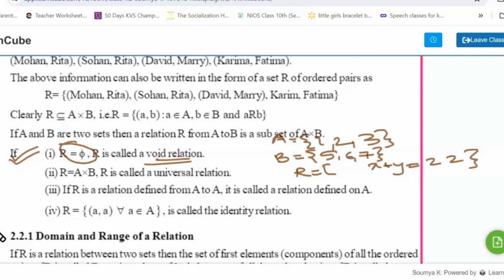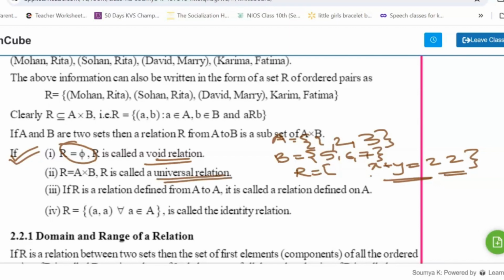So at any point of time you will not get any elements from A to B which give the sum as 22. So this type of relation we call empty relation or void relation. That means it doesn't exist at all. So that is one kind of relation.